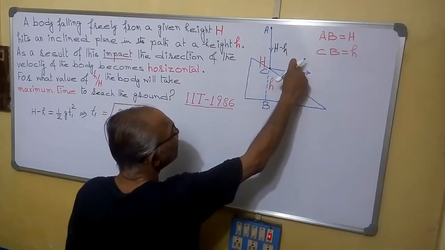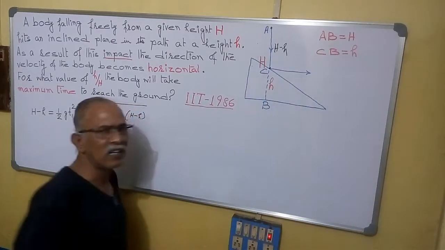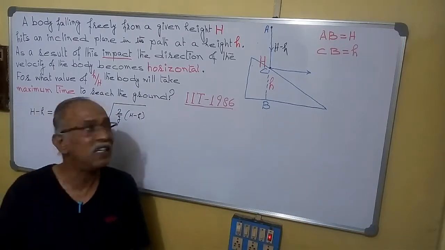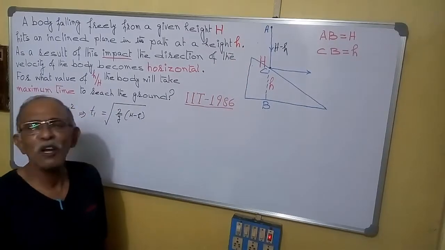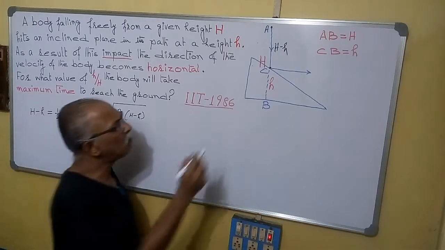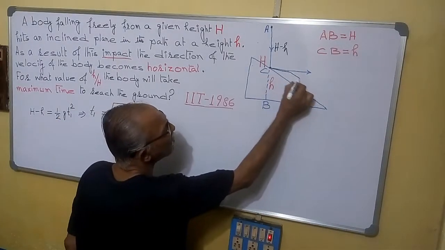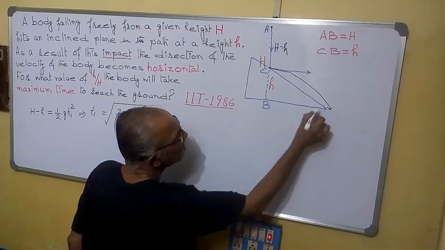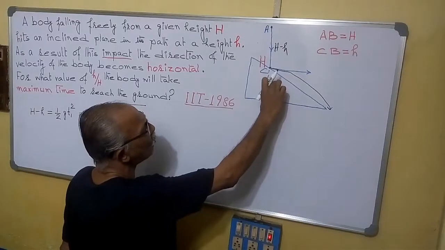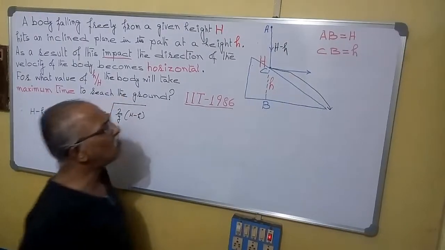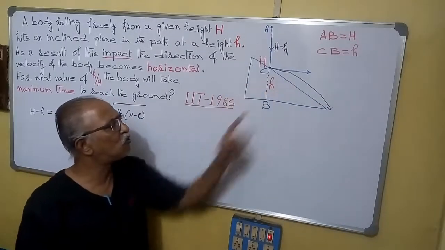Its velocity is completely in the horizontal direction. What it means? That means its vertical velocity will become 0. Ultimately, the body will reach the ground in this way. So now it is falling down. In the downward direction it is falling small h, and in this direction its initial velocity is 0.